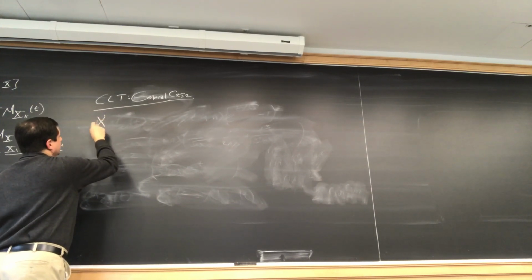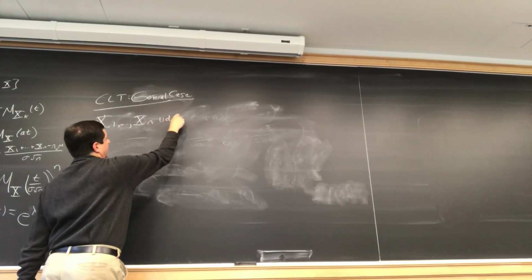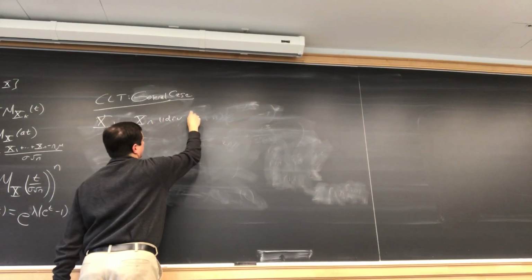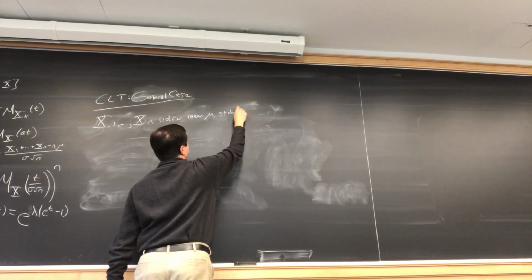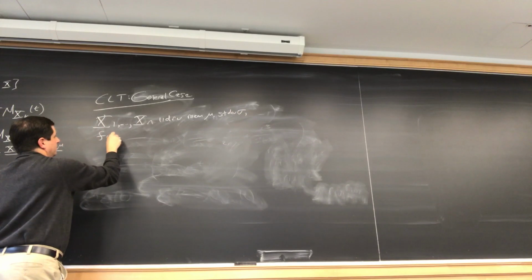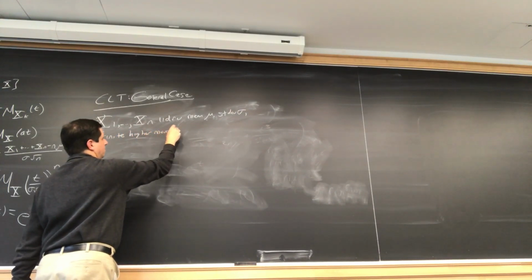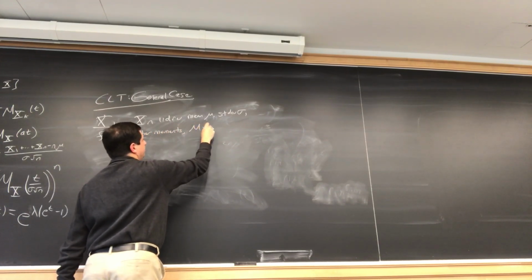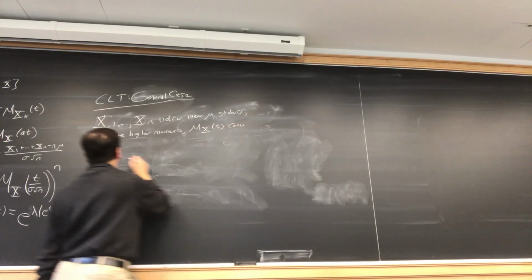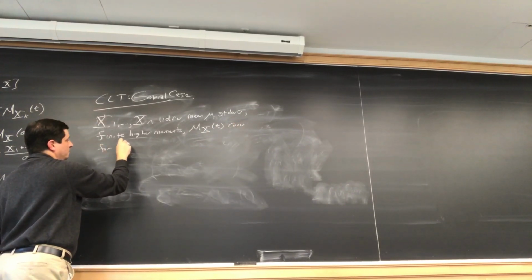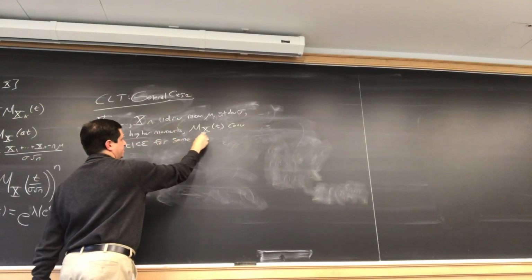we'll assume X1 through Xn are IID random variables with mean mu, standard deviation sigma, finite higher moments, and the moment generating function of all of them converges for the absolute value of t less than epsilon, for some epsilon greater than 0.